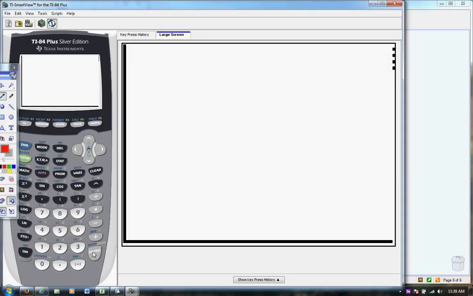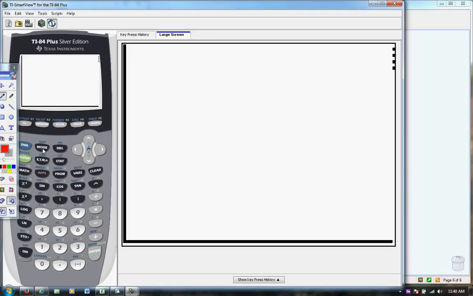That's where you do second, calculate, intersect. Mine's taking a while to figure it out. But you're going to go to second, calculate.